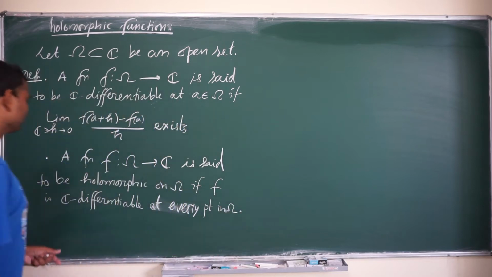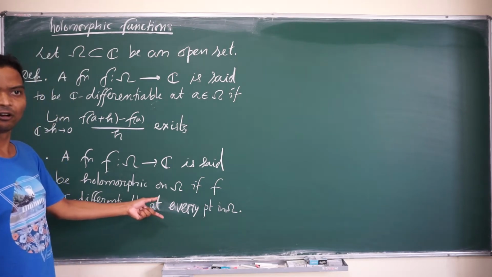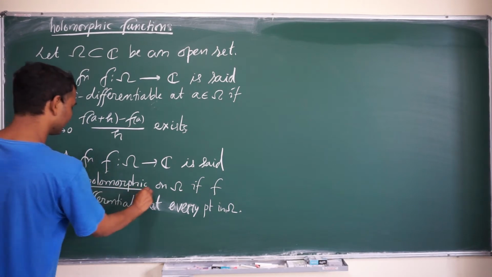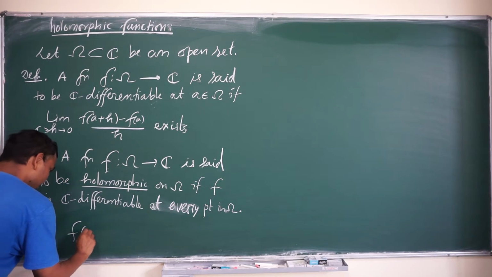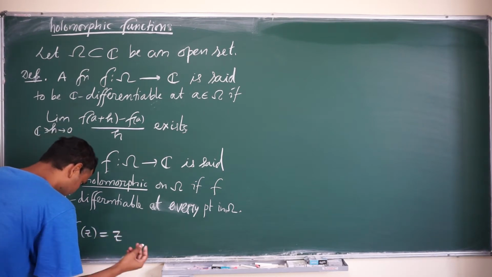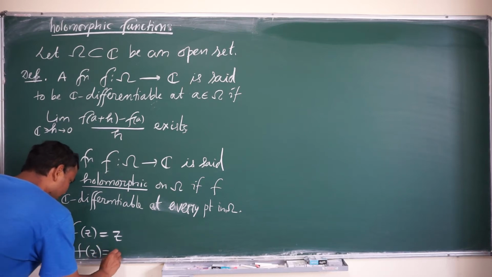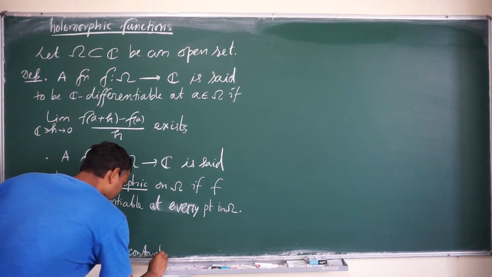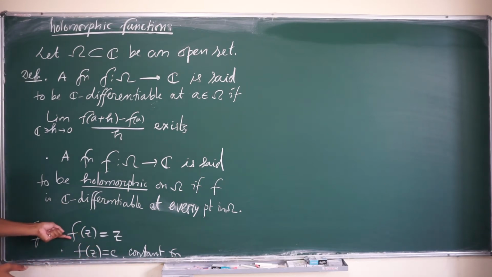So if f is C differentiable at every point of the open set omega, then f is said to be holomorphic. An example, f(z) equal to c, a constant function. A constant function is holomorphic, derivative is 0. And for f(z) equal to z, this limit is 1, as you see.